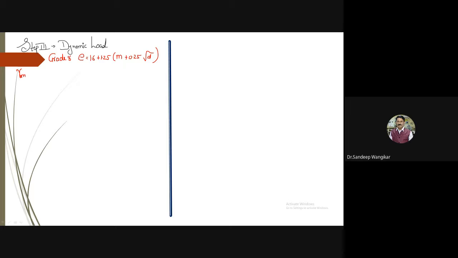Mean radius for pinion. RMP is equal to dP by 2 minus B sin gamma by 2 is equal to, I will say here 80 divided by 2 minus 20 sin of 33.69 divided by 2.